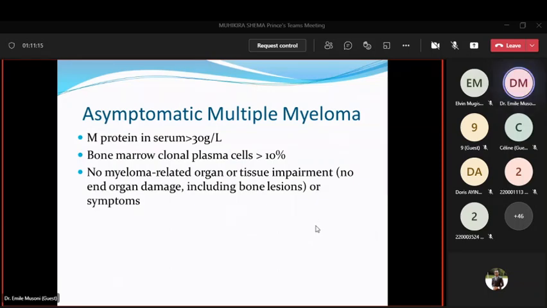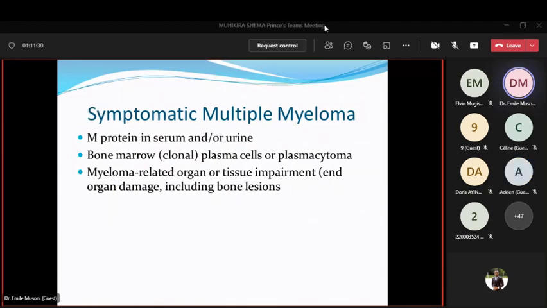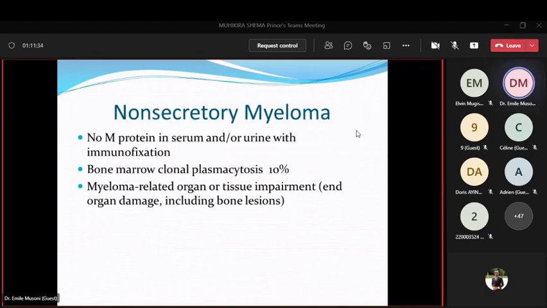In that case, there is no myeloma-related organ or tissue impairment, including organ damage in the bone region. M protein must be there. I think this one is not even necessary.